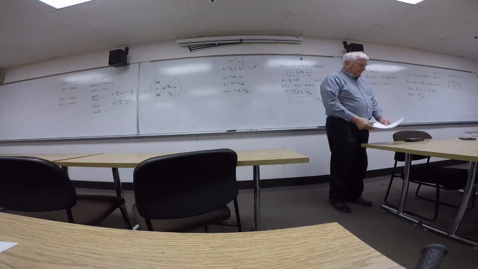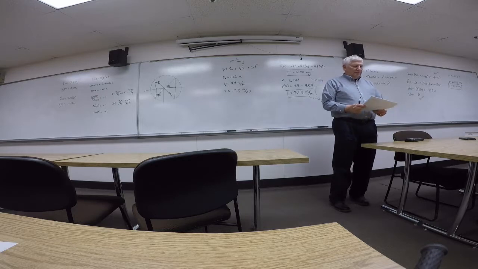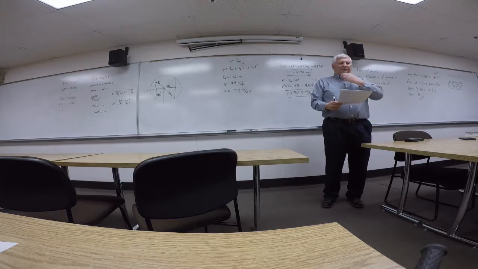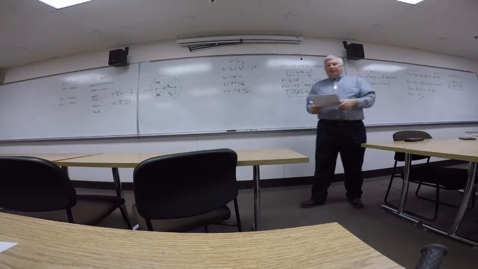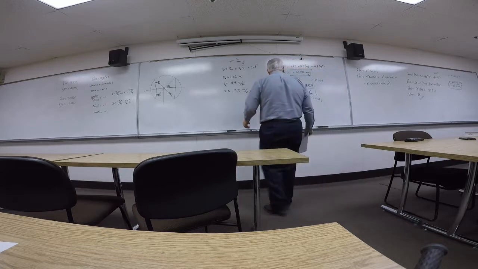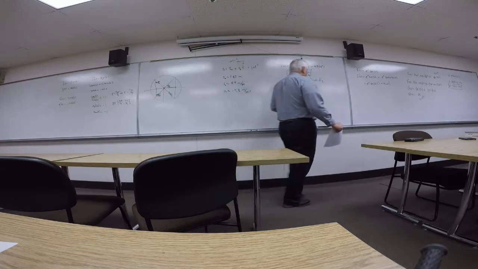Okay. Still along the same thing. It says find the range on level ground of a projectile fired at 900 feet per second at an angle of 40 degrees above horizontal with G, the acceleration of gravity, of negative 32 feet per second squared. Let's draw a picture on this next board.